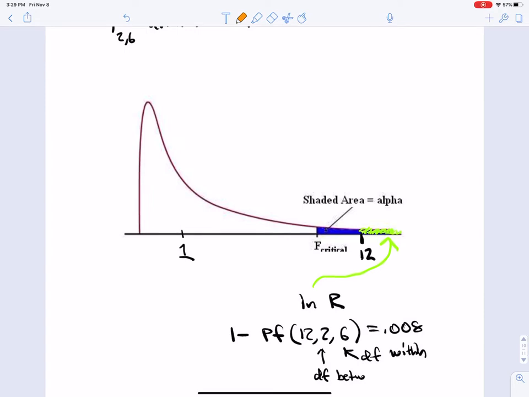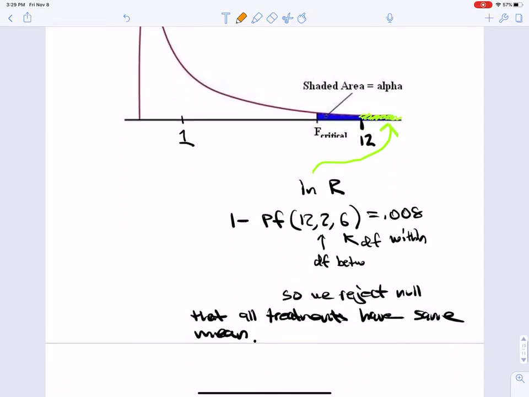And if this is less than 0.05, we reject the null, as in the usual way that this works. You can find the p-value as 1 minus pf(12, 2, 6) in R, and that turns out to be 0.08. So we would reject the null that all the treatments have the same mean.